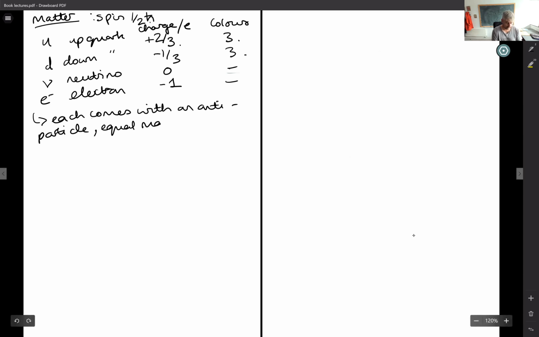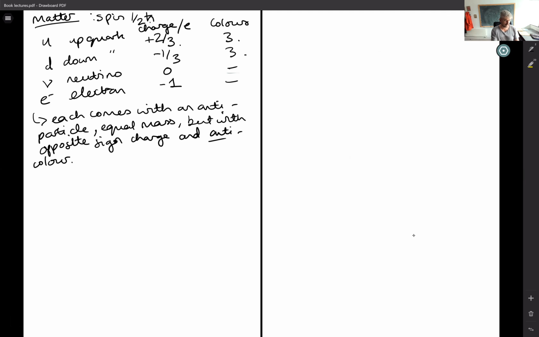It feels the effective forces in the same way, well, with the same strength, I should say. But the electric charge is opposite, so opposite sign charge, and an anti-color. If they have colors, then the antiparticles have anticolors.